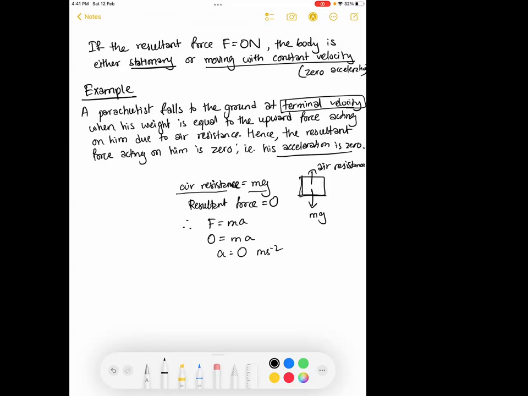The body is not experiencing any net force. That's why the acceleration is zero, so the velocity became constant. That's where the parachutist reaches terminal velocity. Terminal velocity is the constant velocity that is reached after someone jumps.